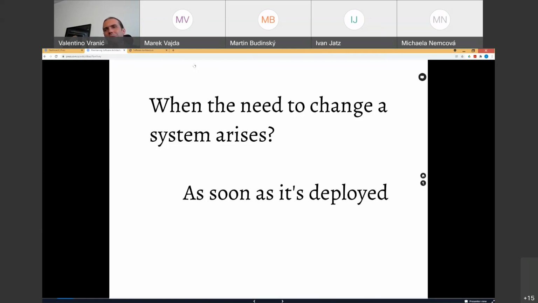As soon as you deploy some version, some possibilities or requirements for a change or improvement come to your mind, or you are asked to do some things. So the moment that you push the button, that the system is finally deployed.